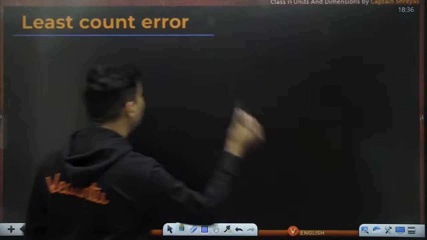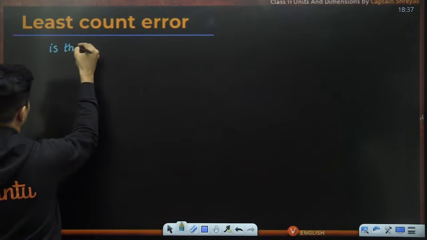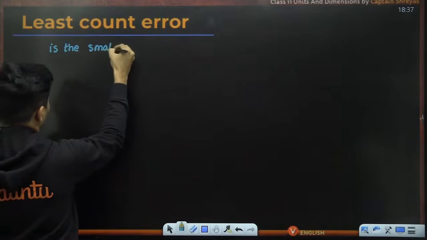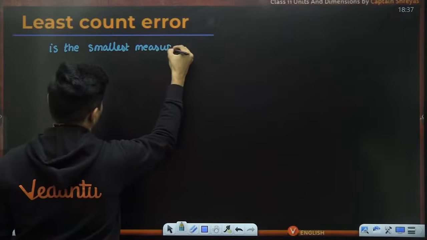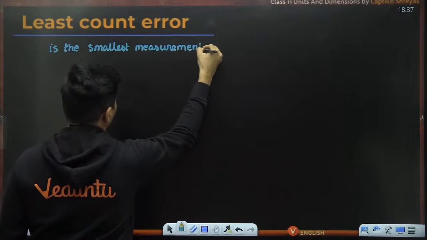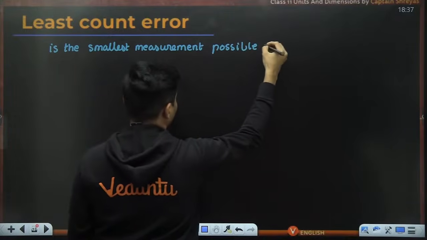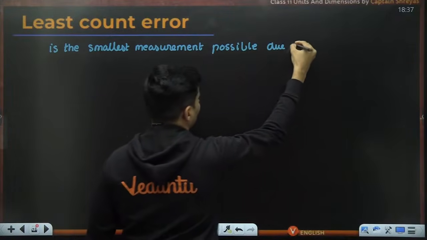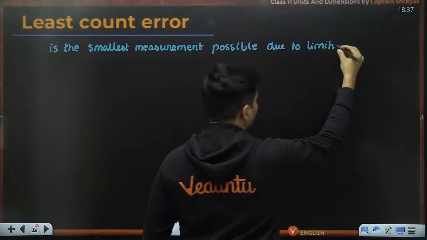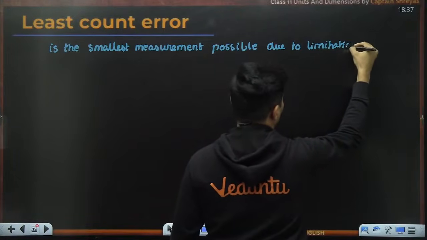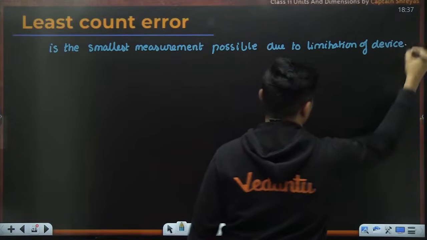So the least count error is the smallest measurement possible due to the limitation of the device that is used to measure it.